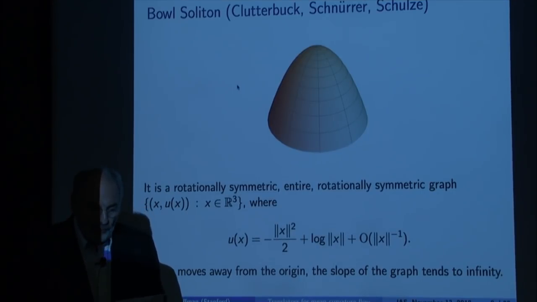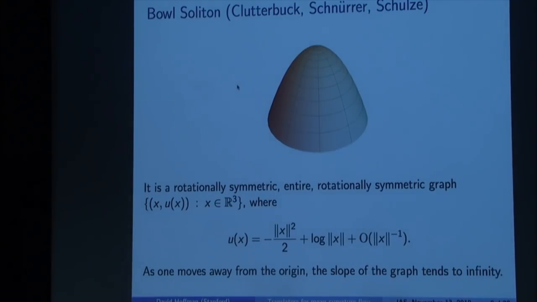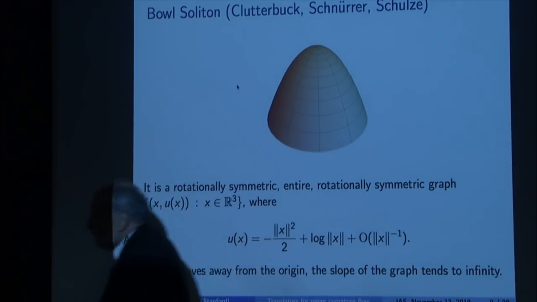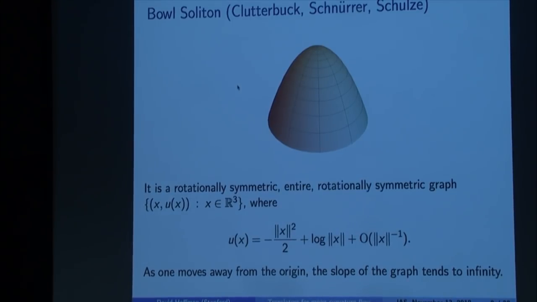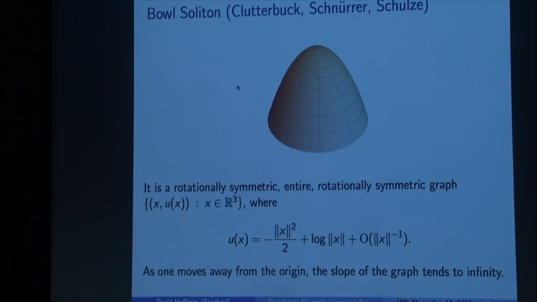And the stuff I'm going to use is minimal surface theory. So here's a result of Felix and friends. If you have an entire graph that's a translator, and it's rotationally symmetric, it's given by this function.